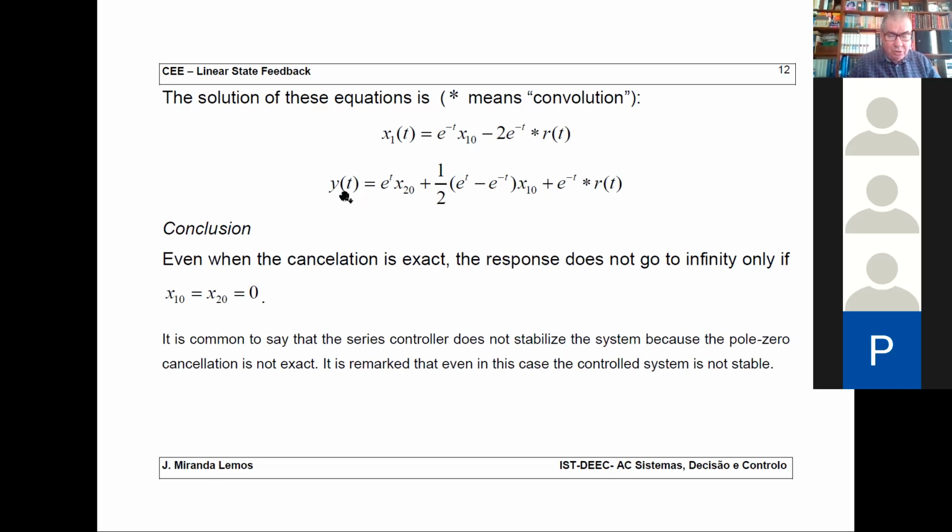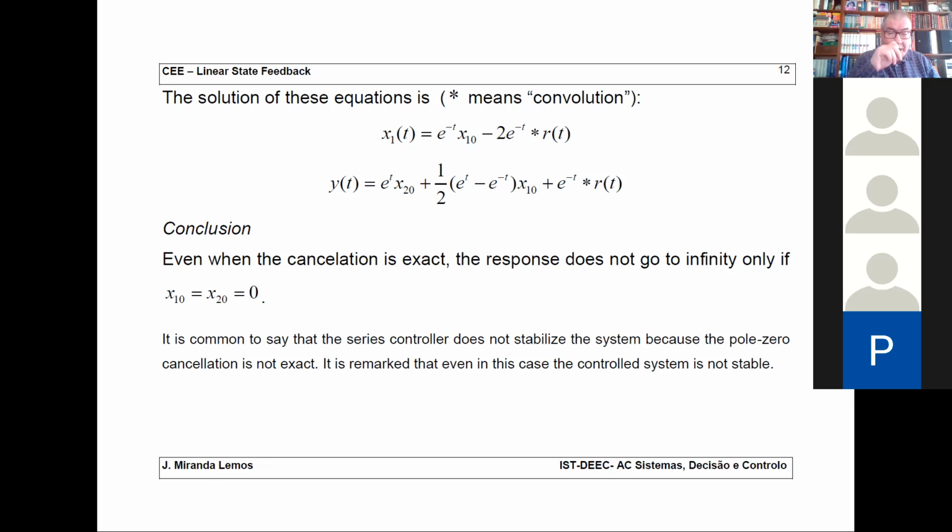Now, what about x2? x2 is the output. Then you have a positive exponential, good Lord. You see, you have a positive exponential times x2(0), and also a positive exponential times x1(0). So the input is very well behaved. You just convolve the input with an exponential of minus t, which corresponds to the fact that the input-output is just 1 divided by s plus 1.